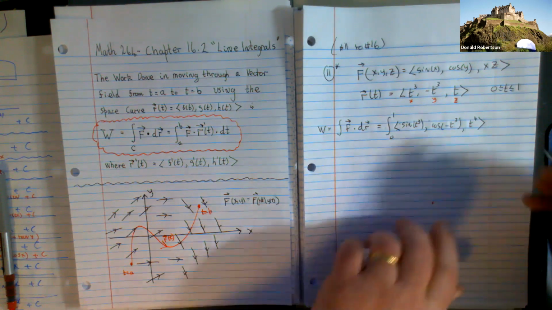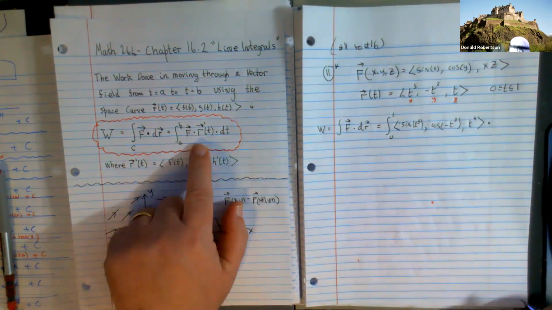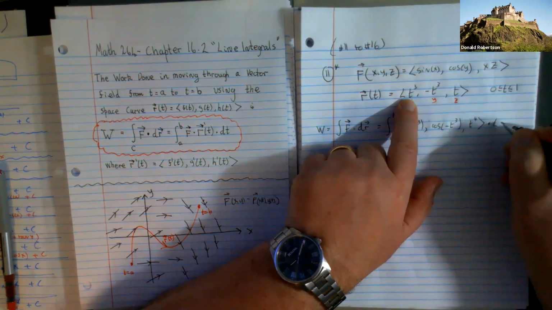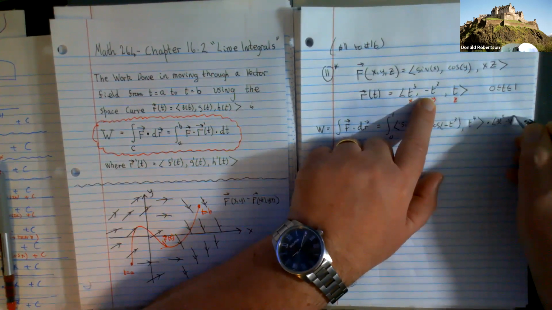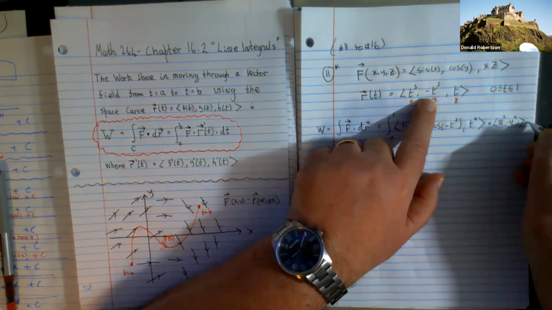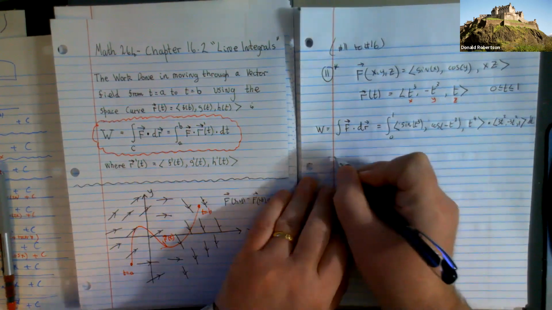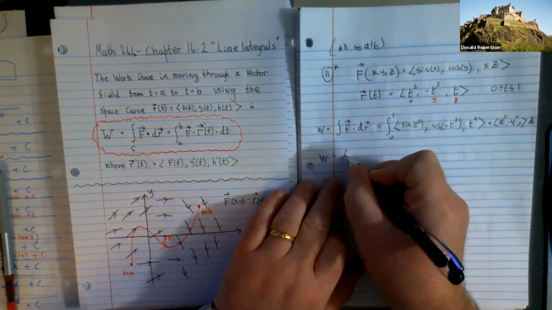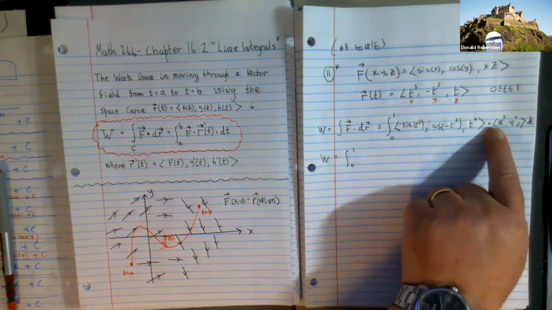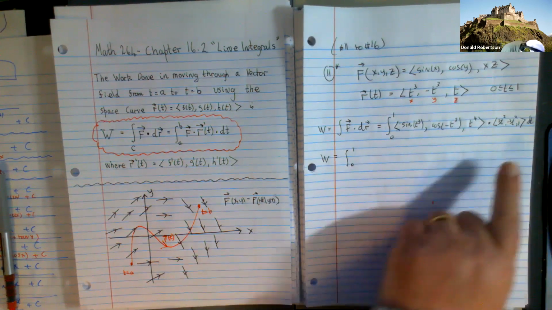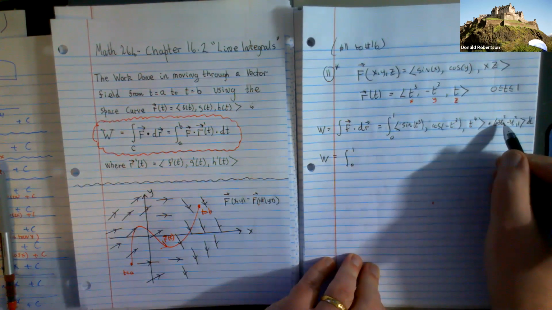Now, dot product, r dashed of t. So what's that going to be? 3t squared, negative 3t squared, 1, and finish with a dt. So it's going to be the integral from 0 to 1, this vector dot product this dt. So dot product, x's times x's.